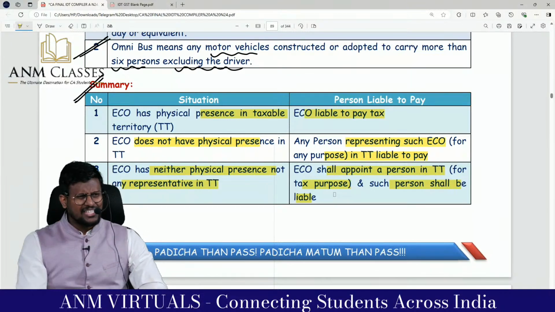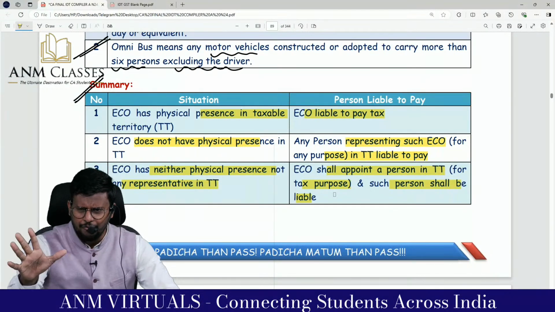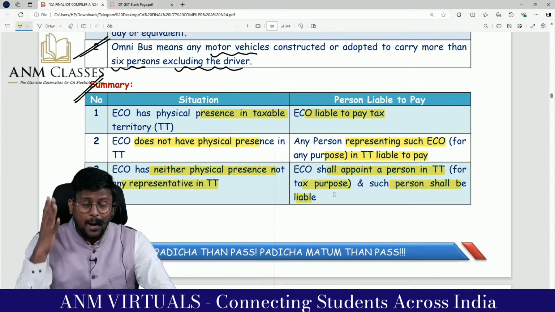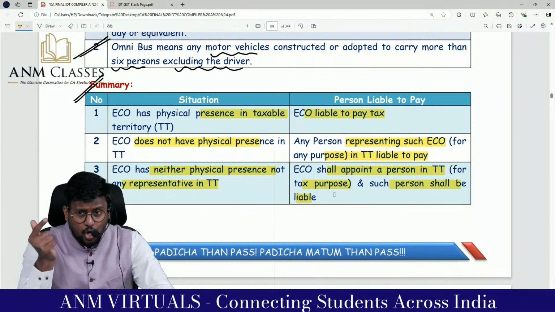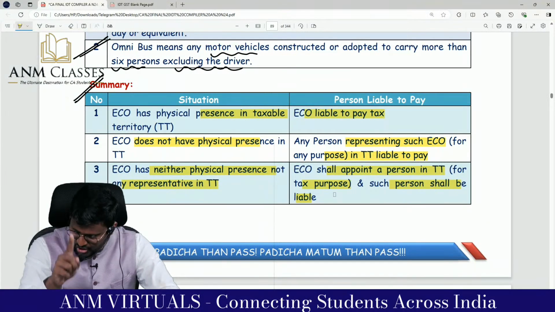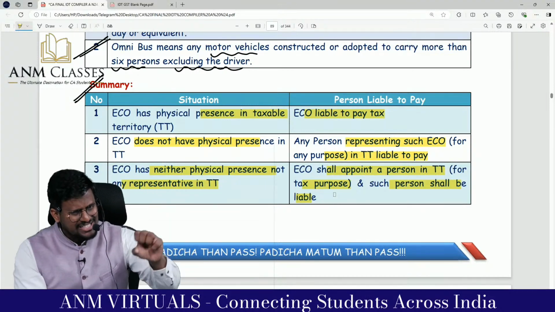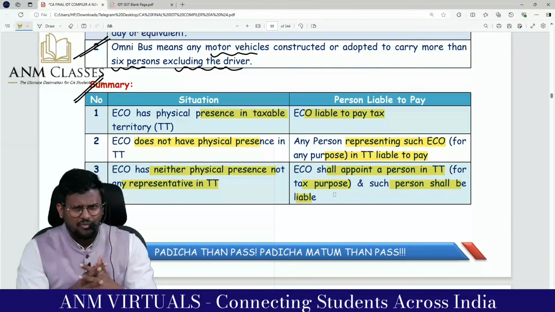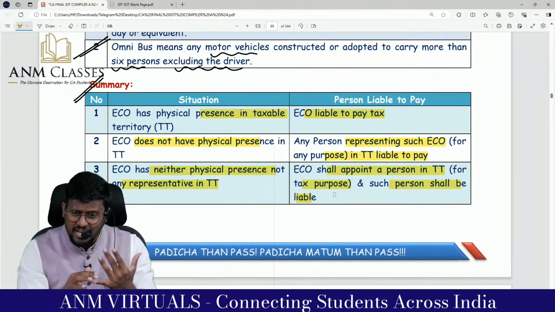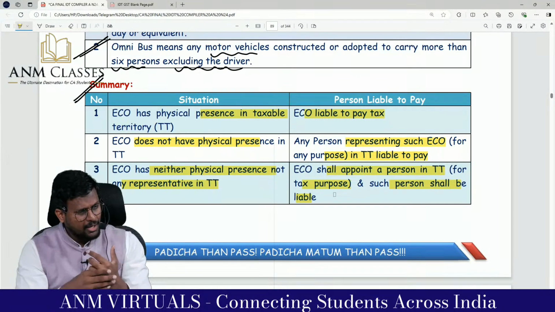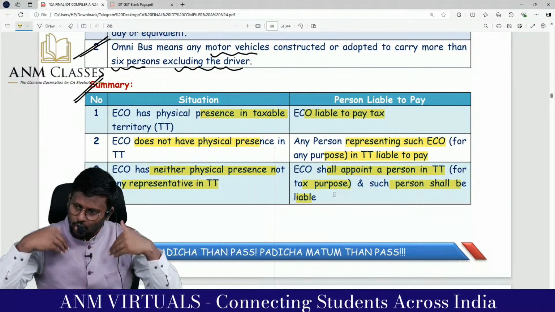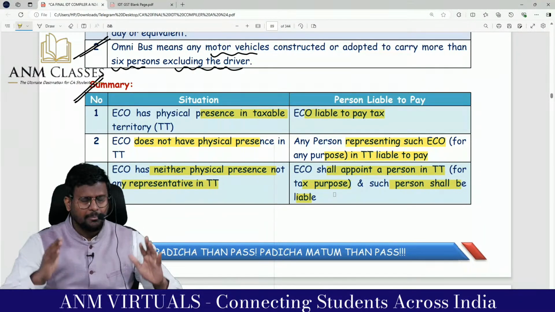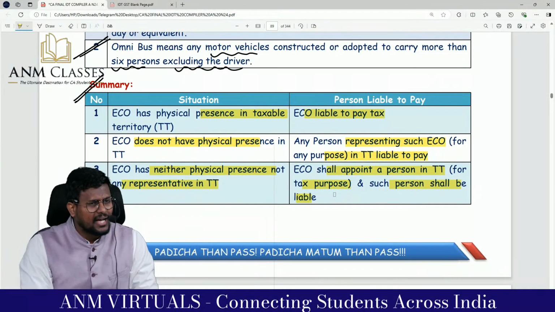Sir, as per section 9(5) or 5(5), we have understood that for happy services at a restaurant, the e-commerce operator is the person liable to pay GST. Since the person is an e-commerce operator, we are having a problem. The problem is they may have physical presence, they may not have physical presence, and they may not have any representative in the territory.